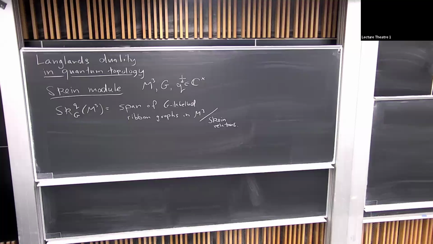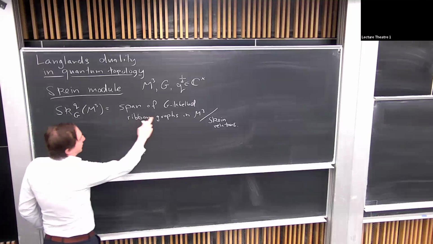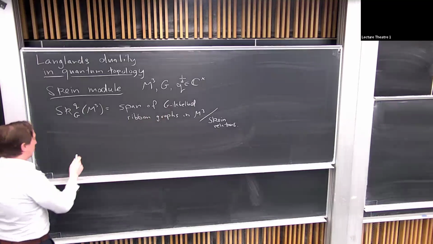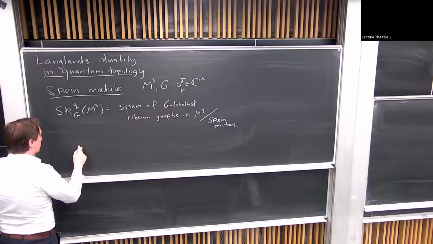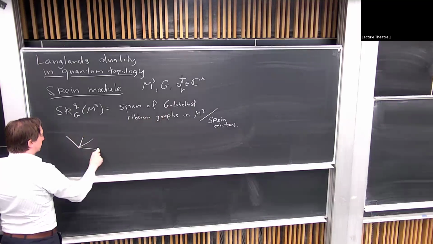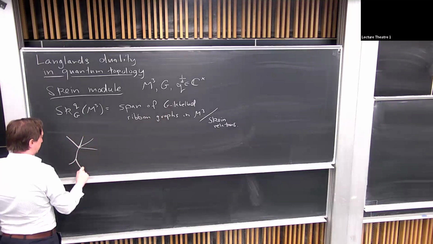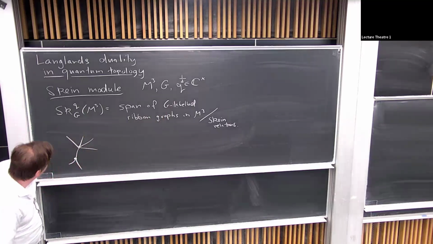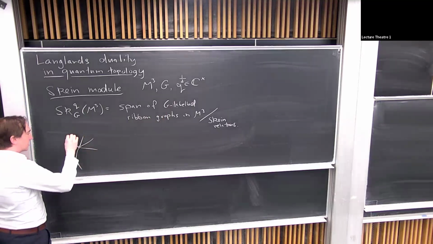So let me unpack these words: ribbon graph and G-labeled. First of all, we have a graph, some vertices and some edges. The word ribbon means that we're going to thicken the edges to ribbons.